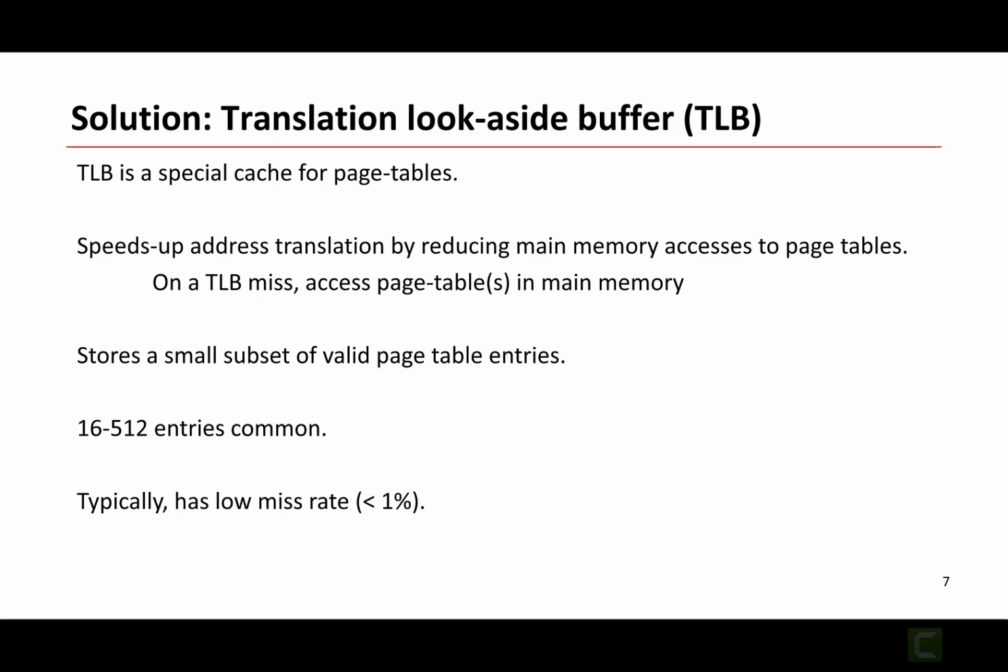So modern processors have a special cache called TLB, and that TLB is meant to cache only one data type, which is page tables. And it's meant to speed up the address translation by reducing the number of main memory accesses to the page table. So, what is a TLB? Well, let's talk about that and then come back and talk about how large it typically is, etc.